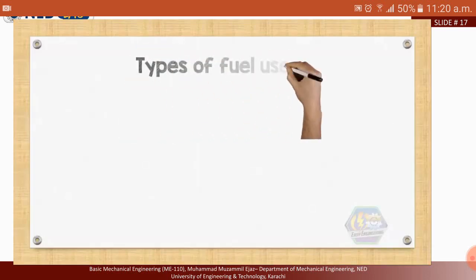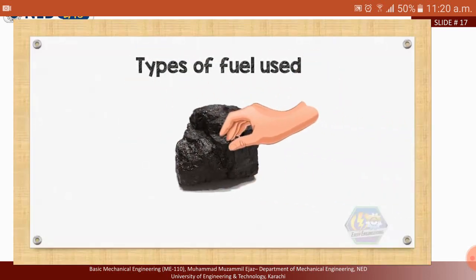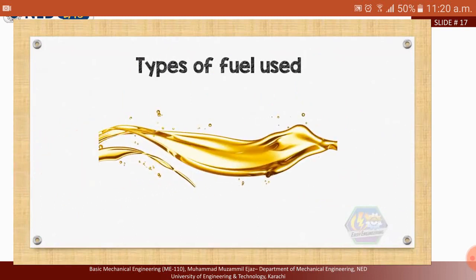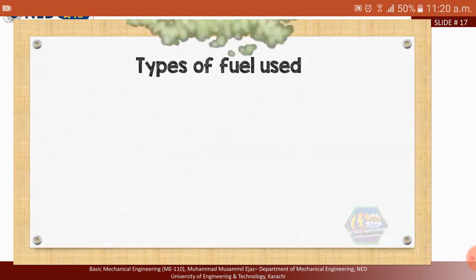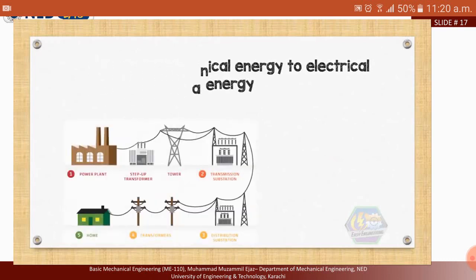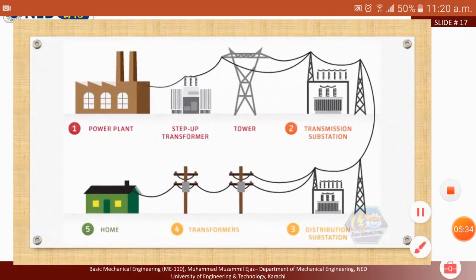It actually utilizes the heat energy contained in coal, oil, or natural gas, and converts it into mechanical energy and eventually electrical energy, which of course provides electricity in our city and in our homes.